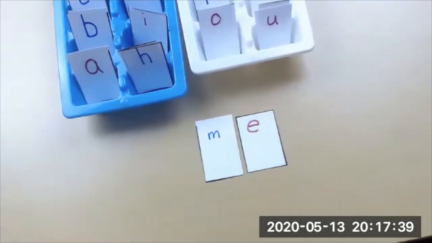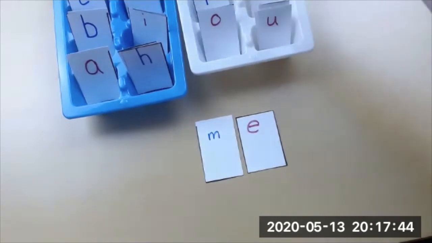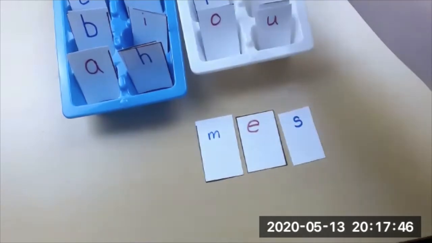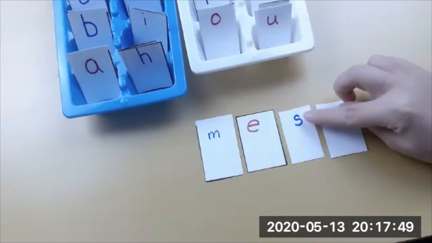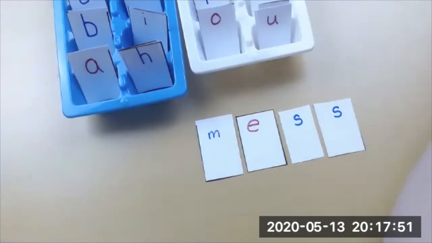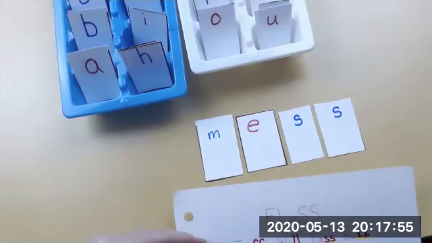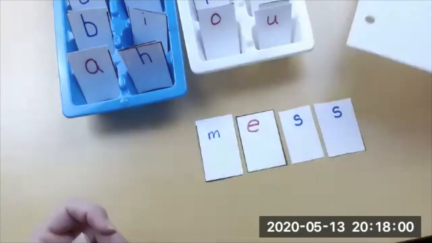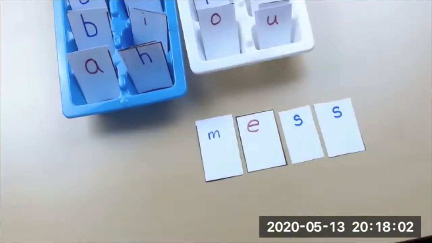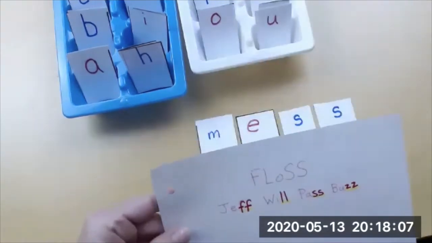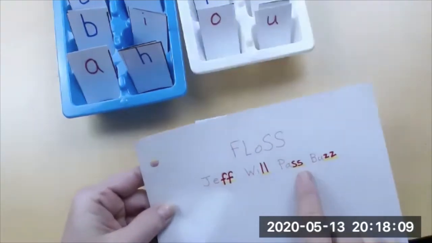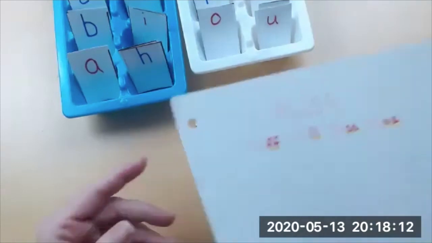And what's at the end? Oh, you remembered two S's. We can remember here. Double F, double L, double S. In a, you want to do it with me? In a one syllable word with one short vowel, double F, L, S, and Z. Yeah, great job.